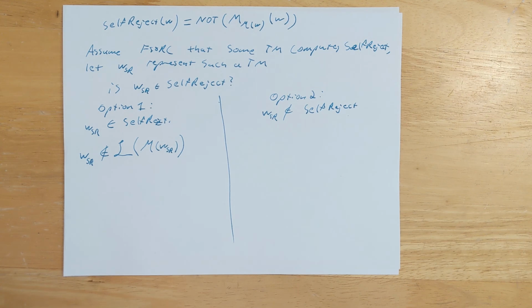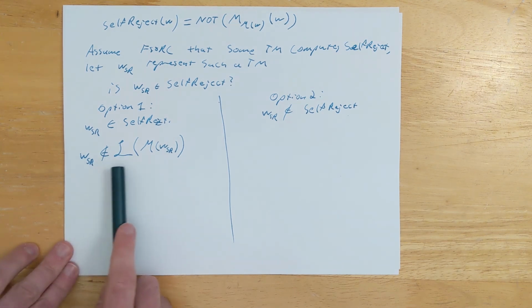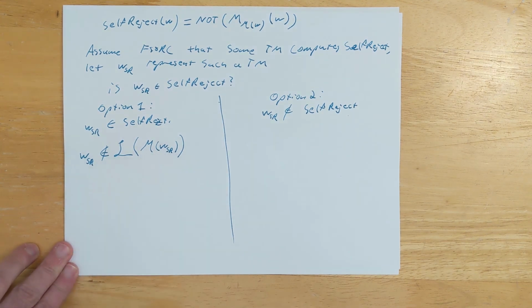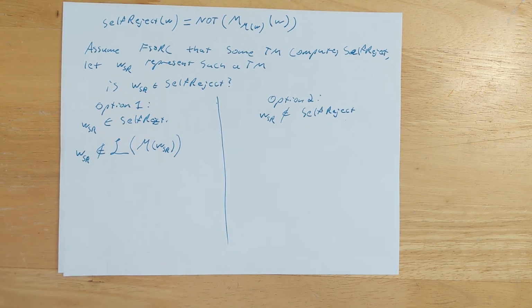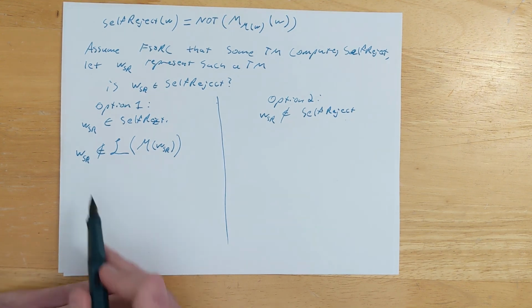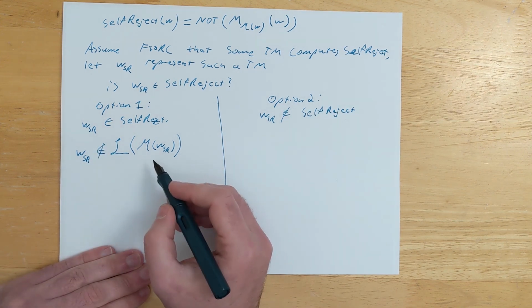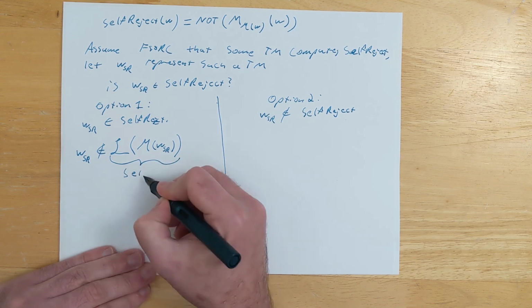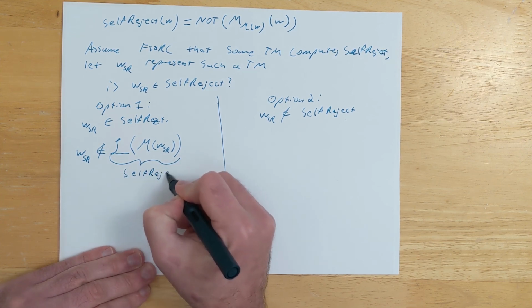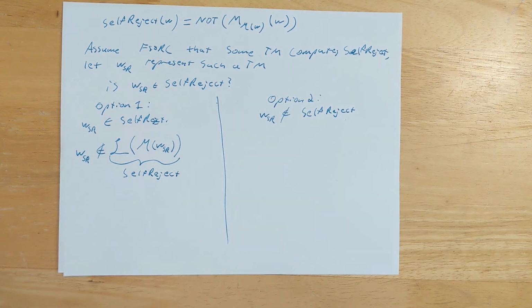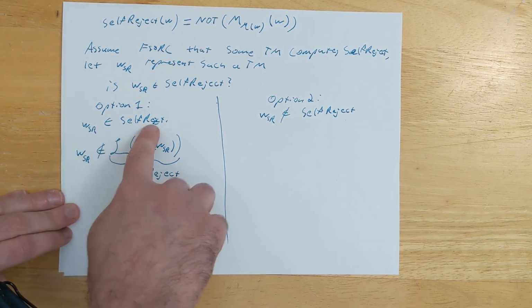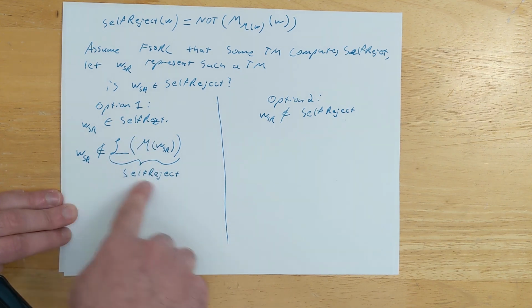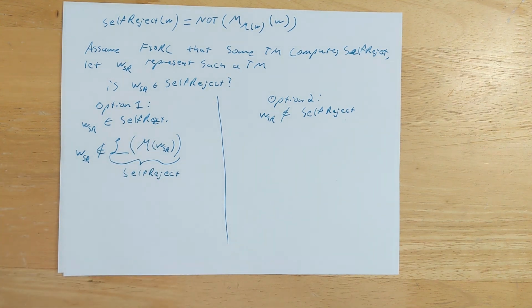But we defined WSR to represent the machine whose language was itself self-reject. That's why we chose WSR. So option 1 says that if WSR does belong to self-reject, then WSR doesn't belong to self-reject. That is a contradiction.